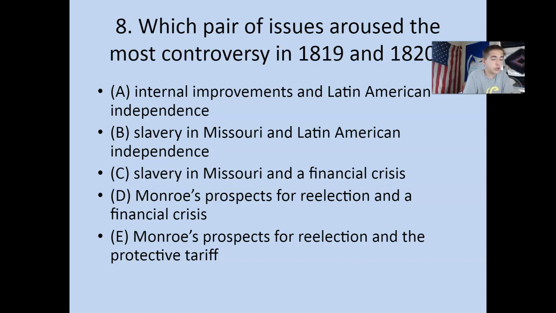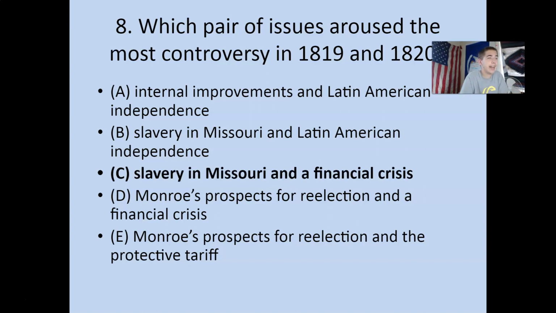Or E. Monroe's prospects for re-election and the protective tariffs. The correct answer is C. Slavery in Missouri and the financial crisis, because we're still figuring out the banking issue and we are still figuring out the slavery issue in 1819 and 1820.